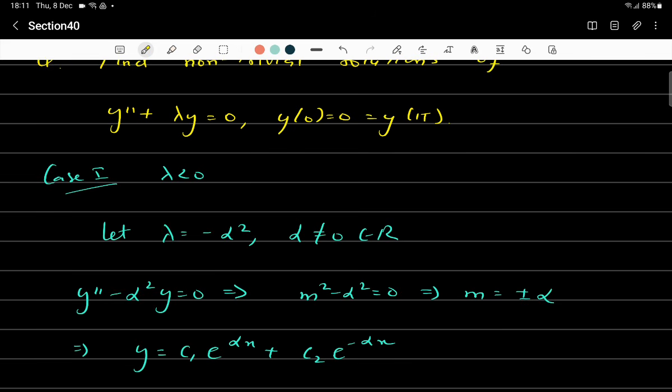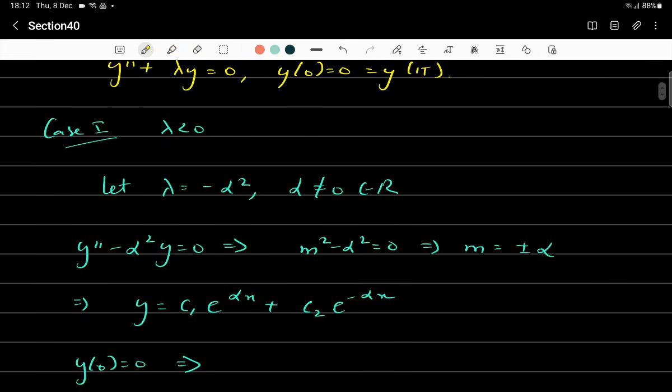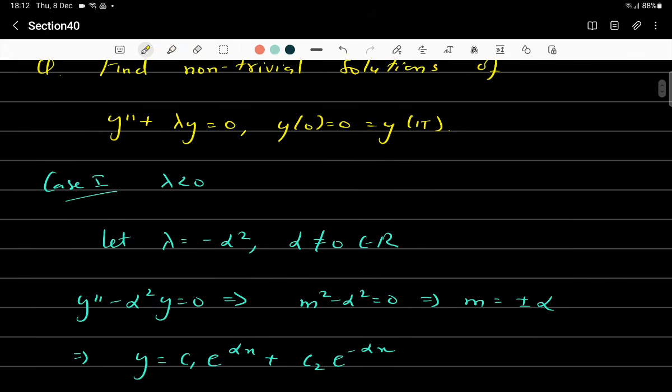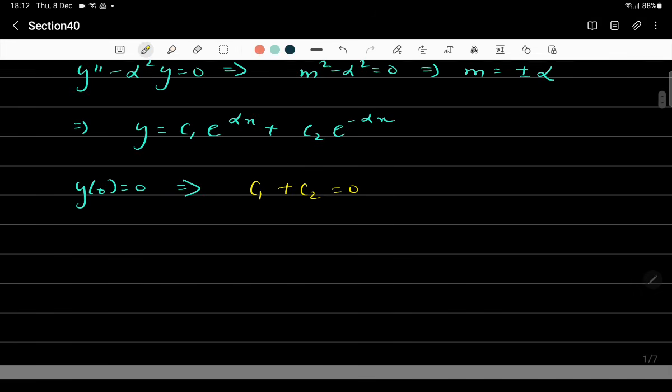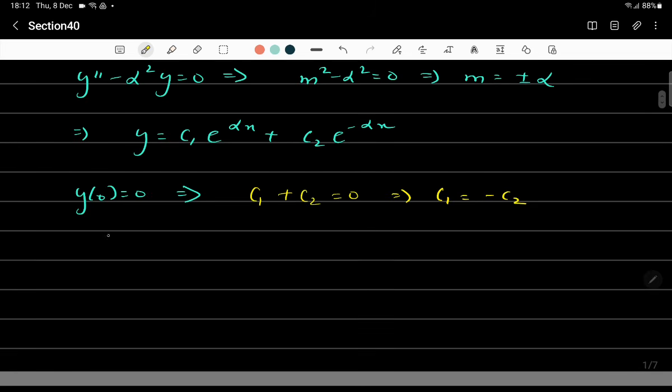Now I use my condition. y of 0 is 0 gives me c1 plus c2 equal to 0, or c1 is minus c2. It means my y of x is minus c2 e raised to the power alpha x plus c2 e raised to the power minus alpha x.